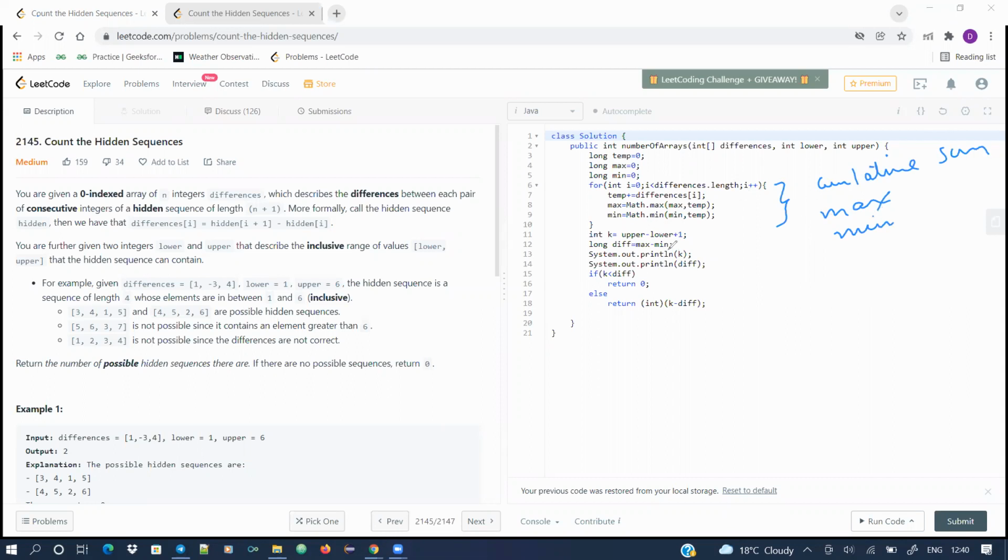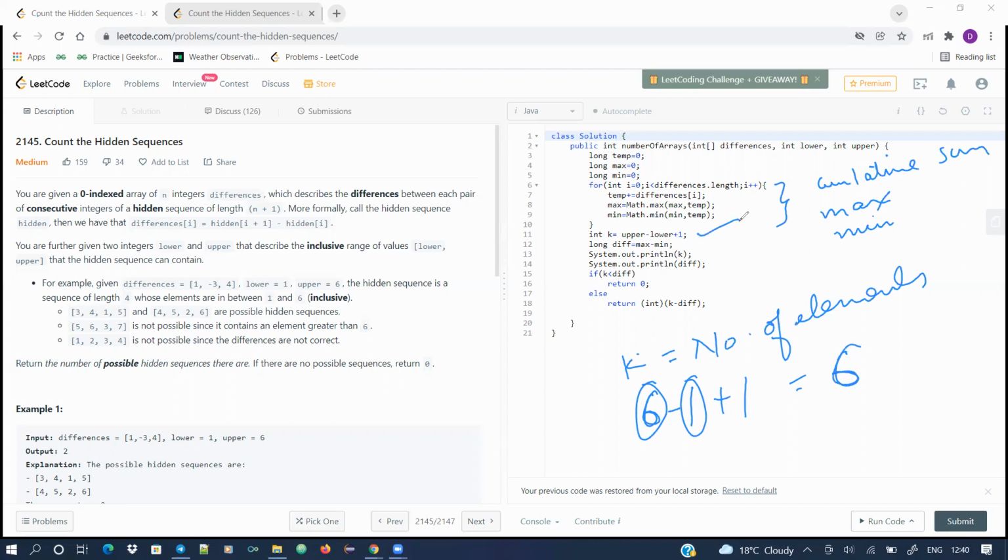Now k is giving us the number of elements. For the first example, the upper is 6 and lower is 1, and plus 1 because both 6 and 1 are inclusive. Therefore 6 minus 1 plus 1 will give us 6 elements. This k is giving us the number of elements. Difference is max minus min.